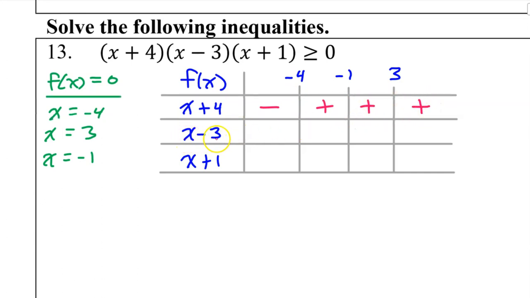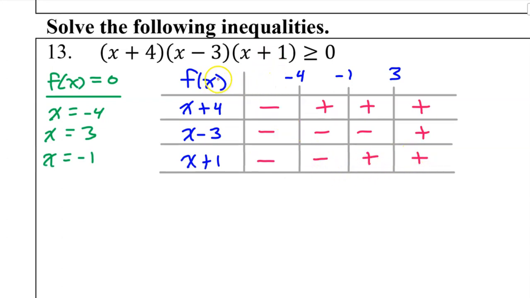The factor of x minus 3 gave us the 0 of 3. Focus on that. It's going to be negative to the left and positive to the right. The x plus 1 gave us the 0 of -1. It's going to be negative to the left of that and positive to the right.